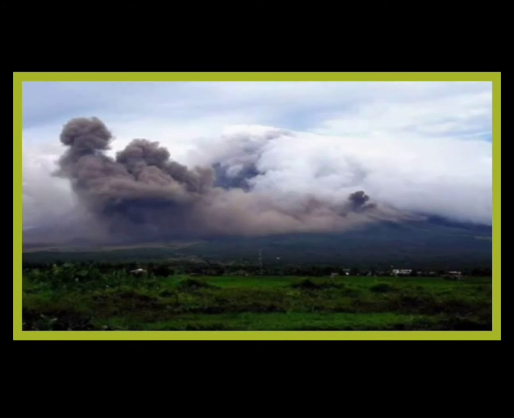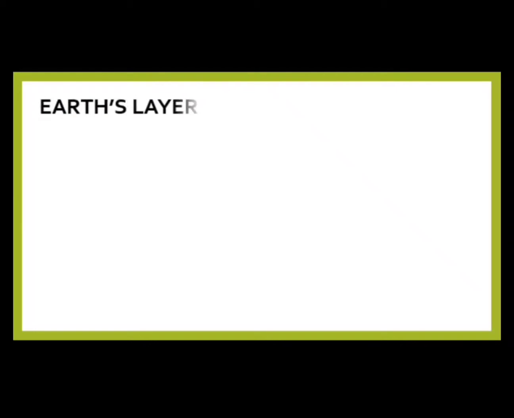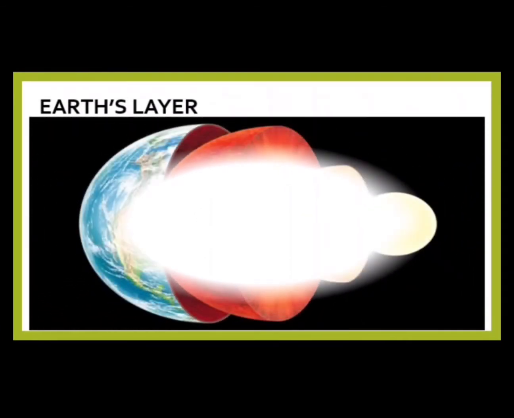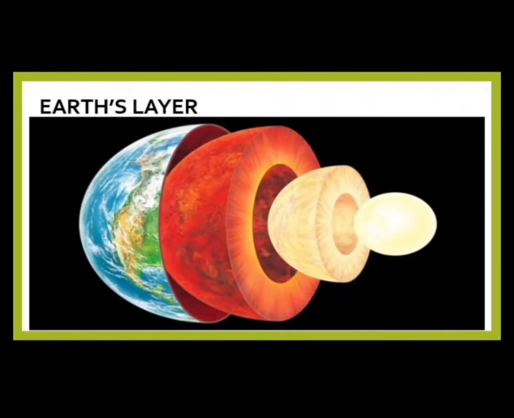How do volcanoes erupt? To understand how volcanoes erupt, let's take a look at Earth's layers. Earth is composed of a crust, the thin and outer layer of the Earth.